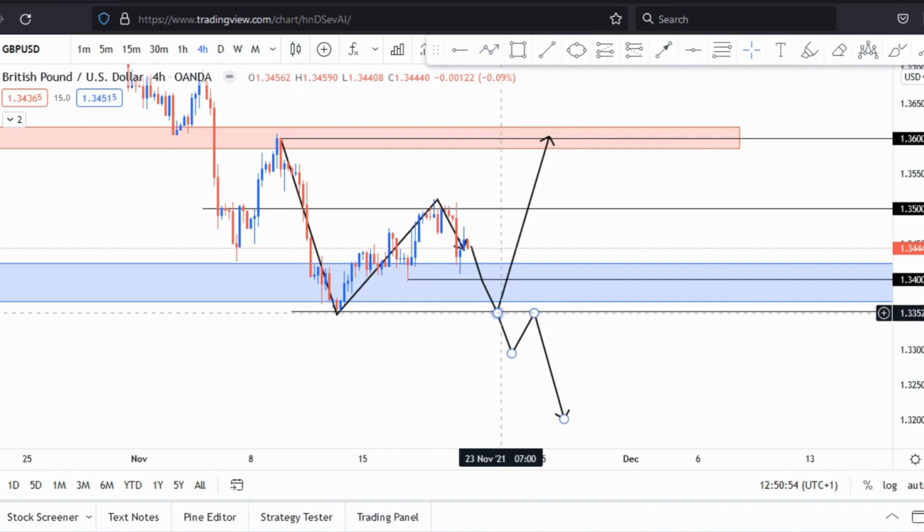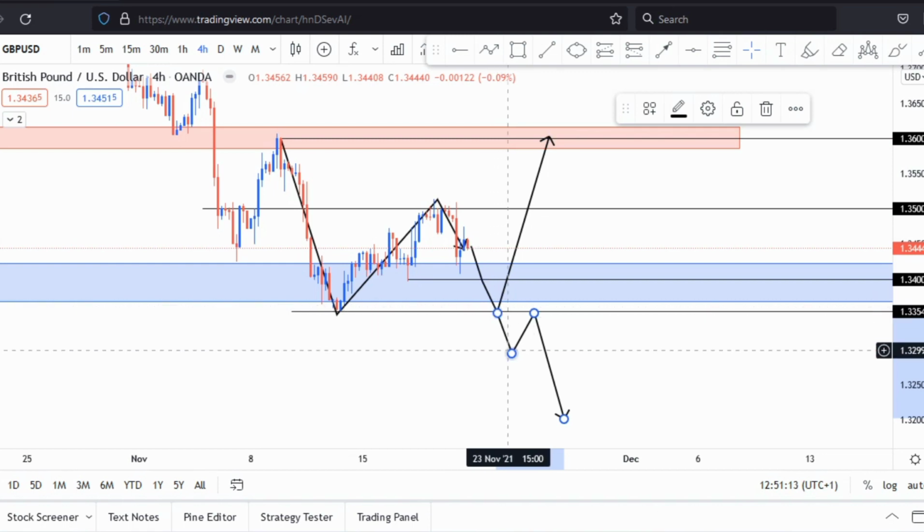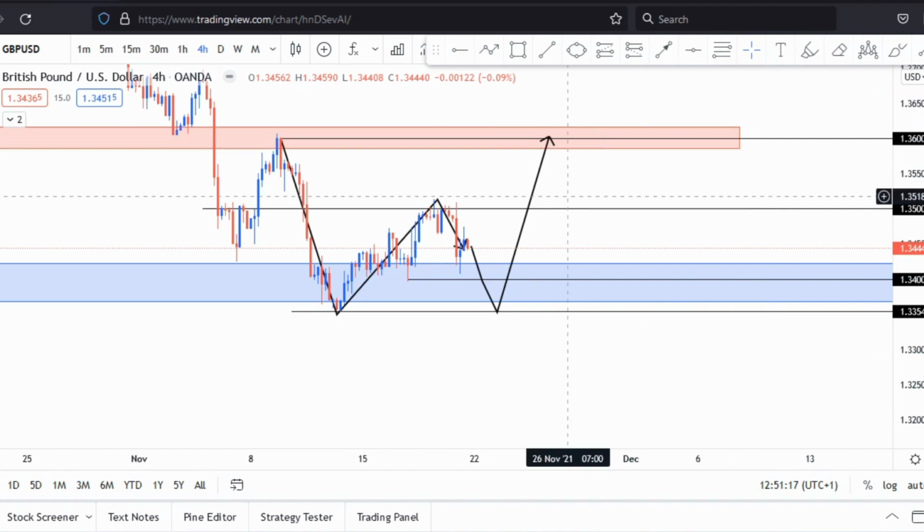I'm looking for buy opportunities around that area, and I'm expecting a double bottom pattern to form because GBP USD is known to form double bottoms and double tops, and that's what I'm expecting for this trade. Okay, but if by any chance the price doesn't give us a bullish reversal pattern here, or rather breaks this level to the downside, then I'll be looking to sell the market.